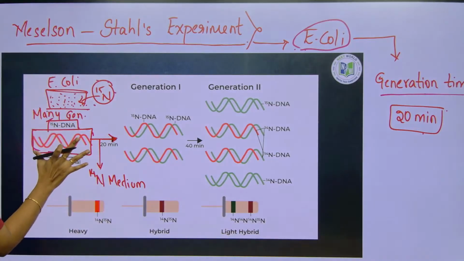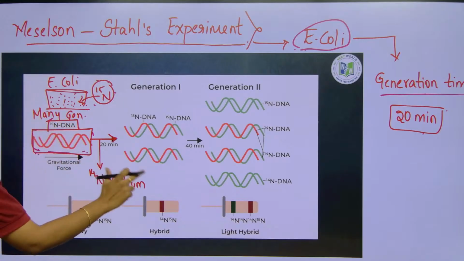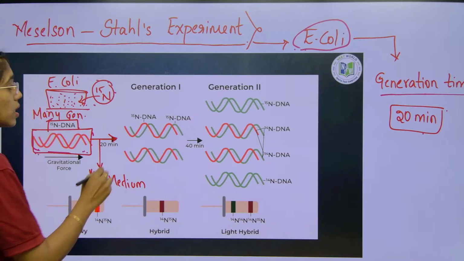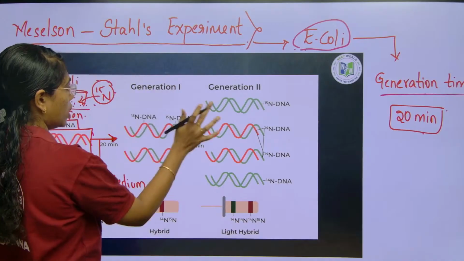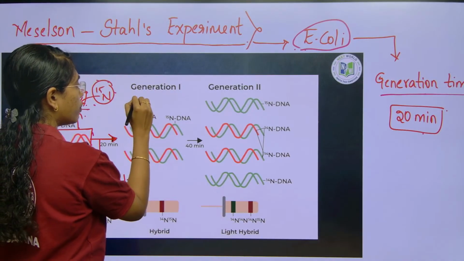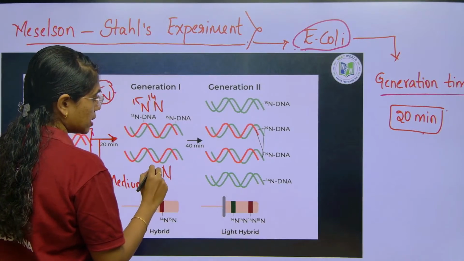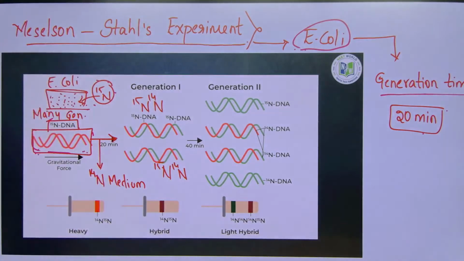this is N15 DNA. After 20 minutes of incubation of N15 DNA in N14 medium, you can see hybrids, that is one strand N15 and one strand N14. Here you can see N15, N14. Here also you can see N15 and N14. How did you identify this?